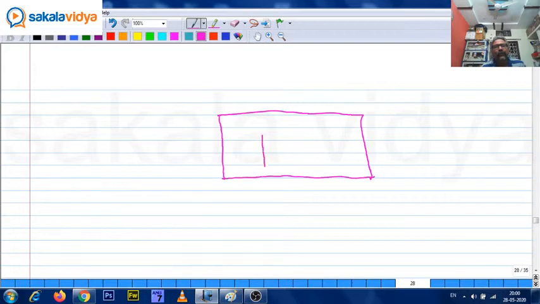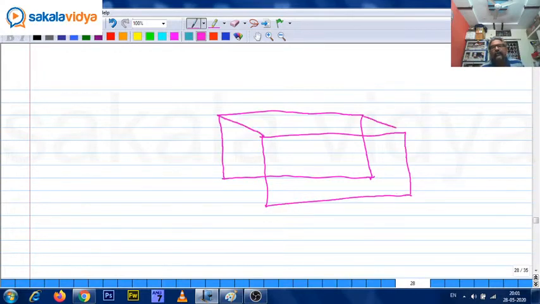You take one more rectangle like this. You join this one. You join this one. This is a 3D figure, three-dimensional figure. This is a parallelepiped.